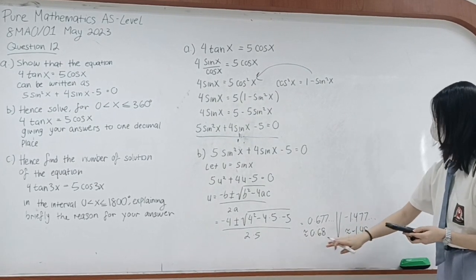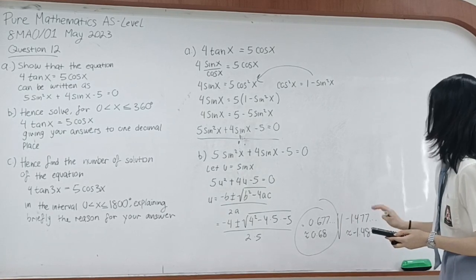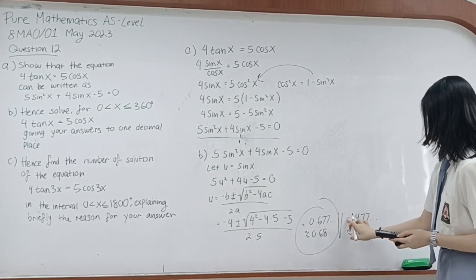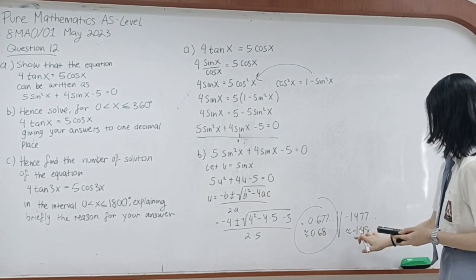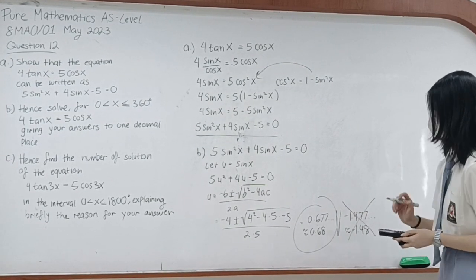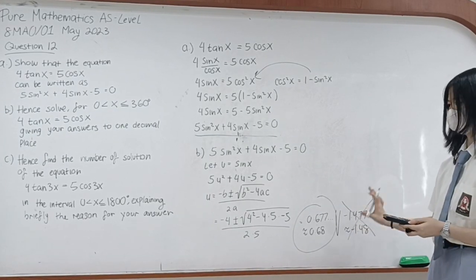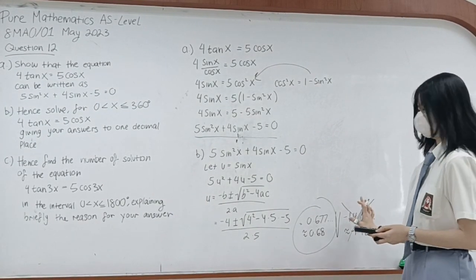Now, seeing these two values, we actually want to use the positive one instead. And that is because minus 1.477 or minus 1.48 won't be valid in the inverse sin. So it is out of the sin range, therefore we cannot use this. We need to say it will be an error.